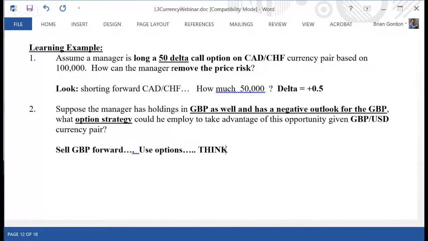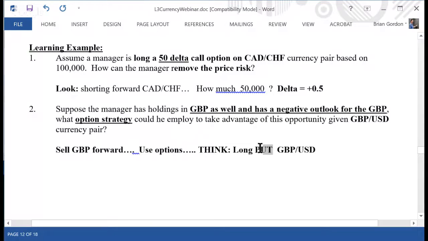Oh, well, we think about probably a put option. Okay, well, what does this put option mean? Maybe we're thinking about going long a put option. Well, let's just look at the currency pair. British pounds per US dollar.